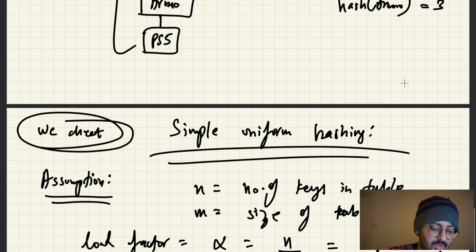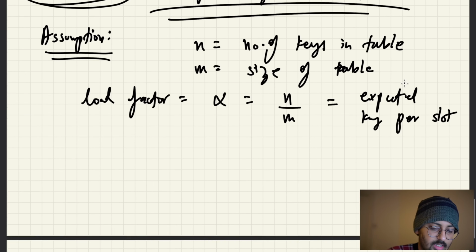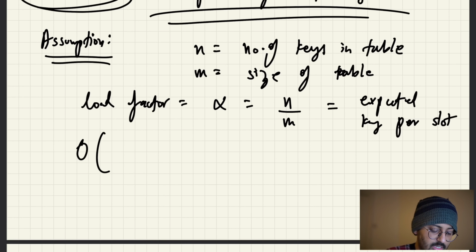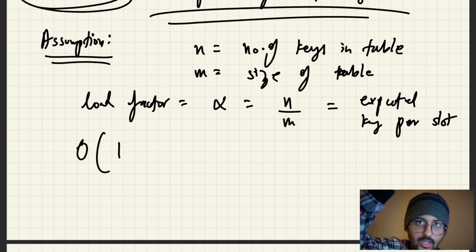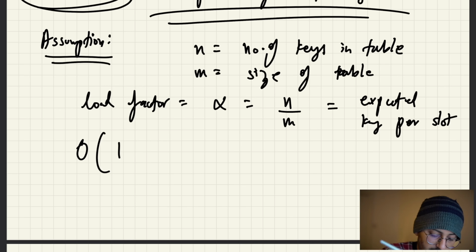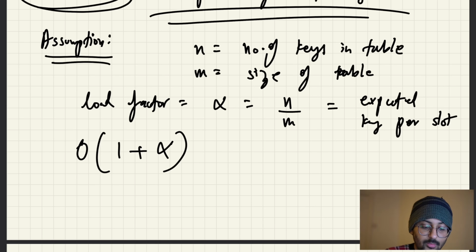Okay, so what does this mean? If we are assuming, it means that the time complexity now is equal to O of 1. This 1 is for the hash function that we applied and got into that point. And now for the linked list, what is the maximum size that we are assuming of a linked list? Alpha. We are assuming over here that maximum it will be alpha. Okay, this is for the linked list.